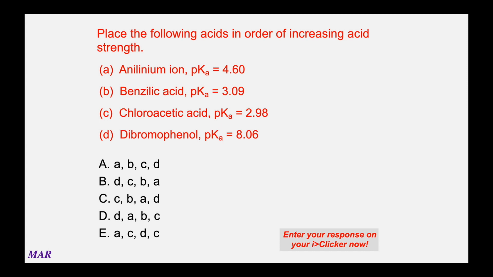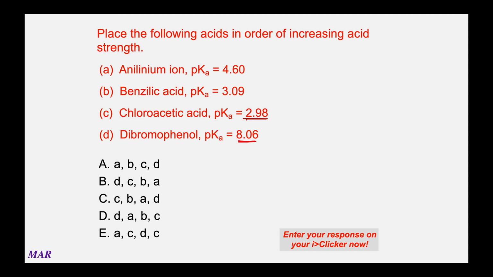So because these are pKas, the strongest acid here will have the smallest pKa. 2.98 should be the smallest one. The biggest pKa will be the weakest acid. So of these problems, you want to go from biggest pKa to smallest pKa.